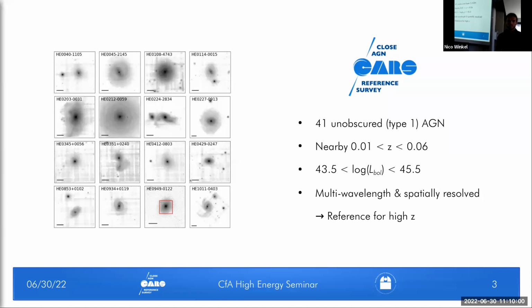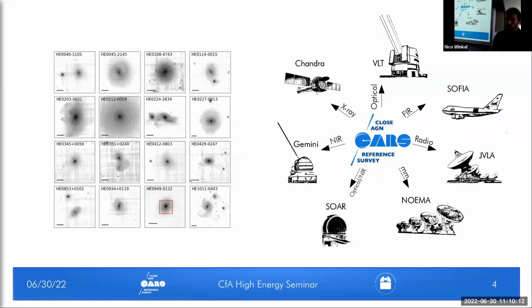Now, if you want to understand how the black hole growth and the host galaxy relate, you need to resolve this spatially, but also in the spectrum. And to do this, we have a number of instruments at different observatories employed, which range from the radio to the millimeter.